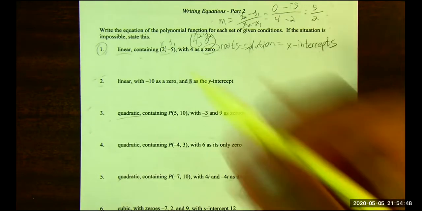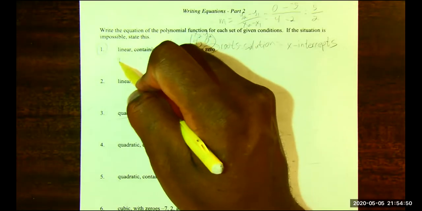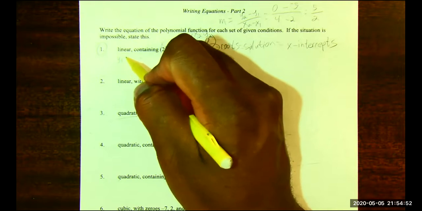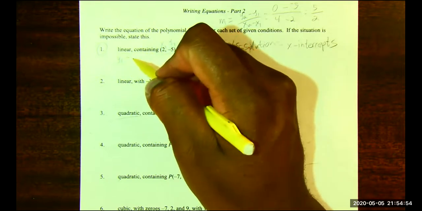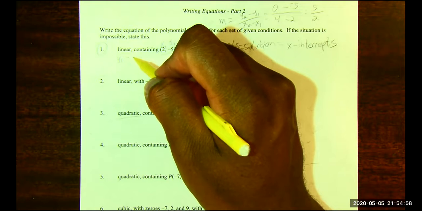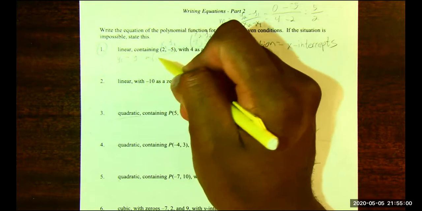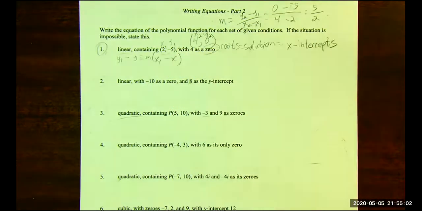Then I'm going to my point slope form of an equation. Look at all these equations we know for linear functions, straight lines. Y sub 1 minus y equals m times x sub 1 minus x.